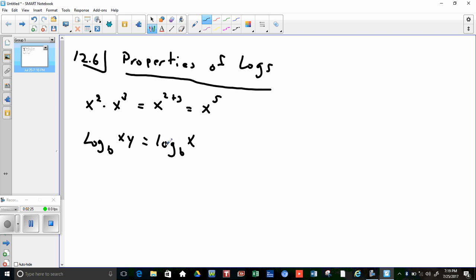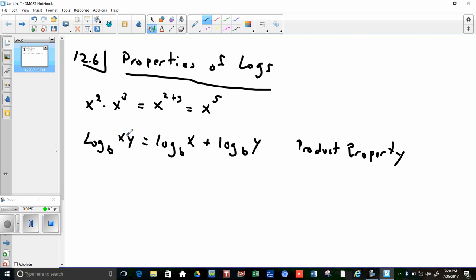The log base b of y is another exponent. Since these two things are being multiplied together, we add the exponents. So plus log base b of y. This is the product property of logs.